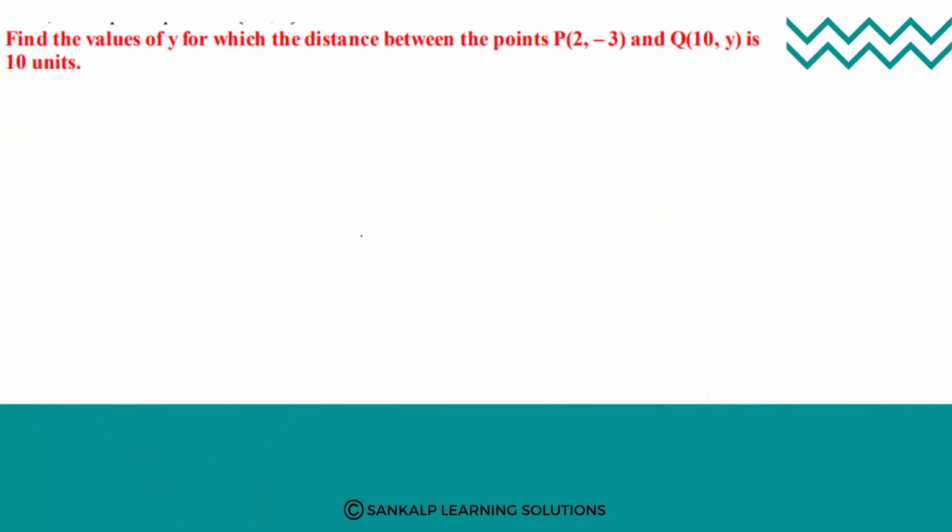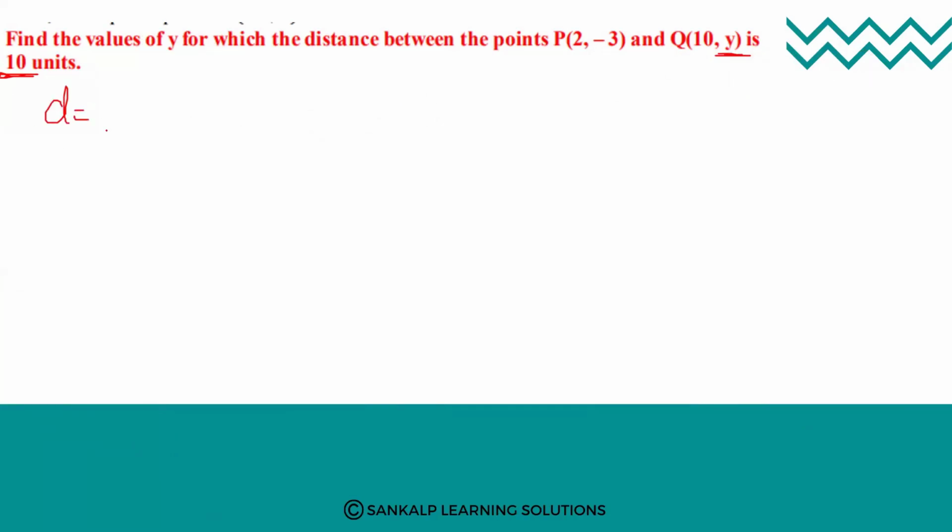Next, find the value of y for which the distance between the points P(2, -3) and Q(10, y) is 10 units. That means in the question they have given us the distance here. And we need to find out the value of y. So we know the formula.